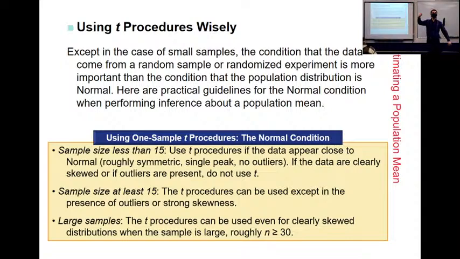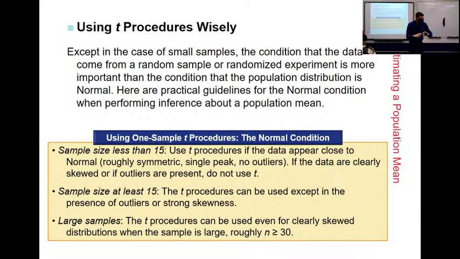Another way to phrase this normal condition is that if we have large sample sizes, then it doesn't matter. Always normal, n is at least 30, we're good. If we have a medium size, between 15 and 30, then we're going to say that we're good unless we see some very clear indication that we aren't. That's our clear skewness or outliers.